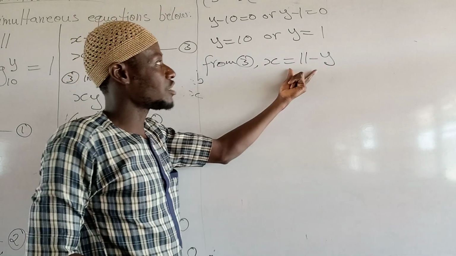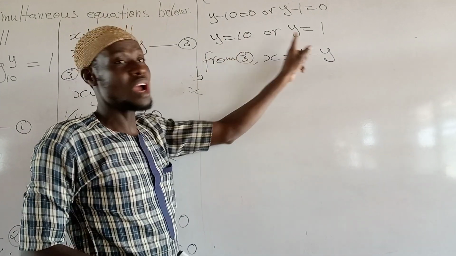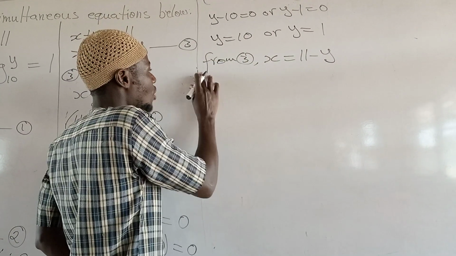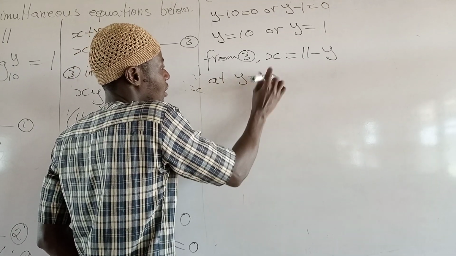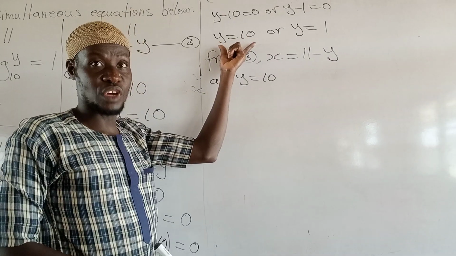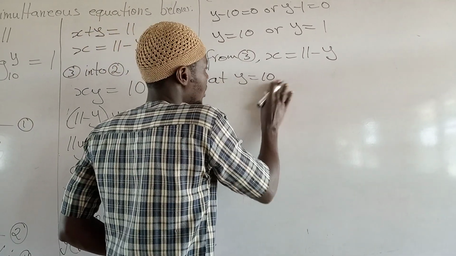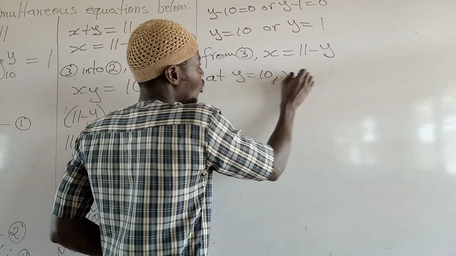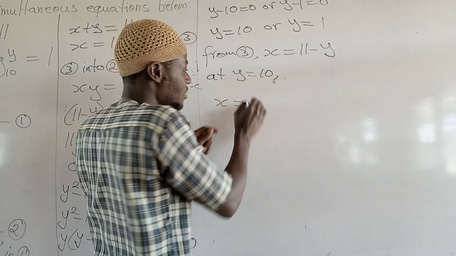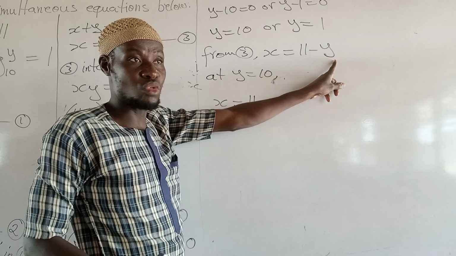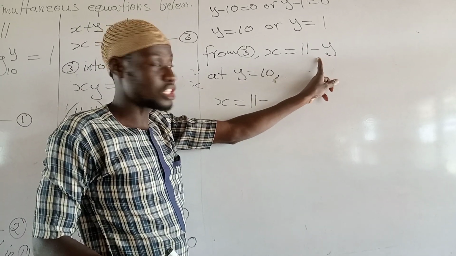Because our x is equal to 11 minus y, and here we have two values of y, let's take y is equal to the first value, 10. Then our x will be equal to 11 minus, where you see y in equation 3, put 10.